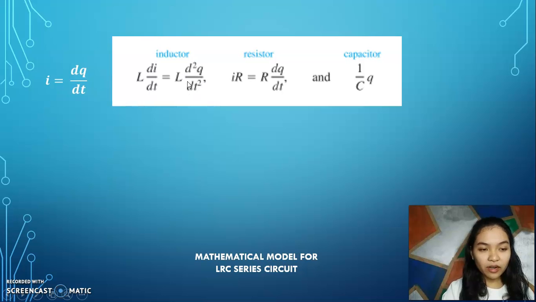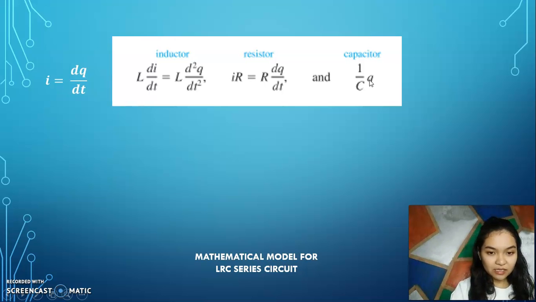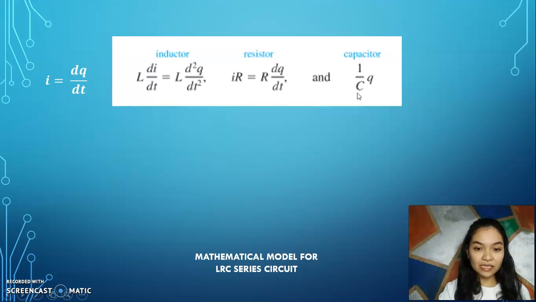We only substitute this since I is equal to dq over dt in here. And then IR will be R dq over dt, again substituting the value of the current. And the capacitor is the same as it is, 1 over C Q.